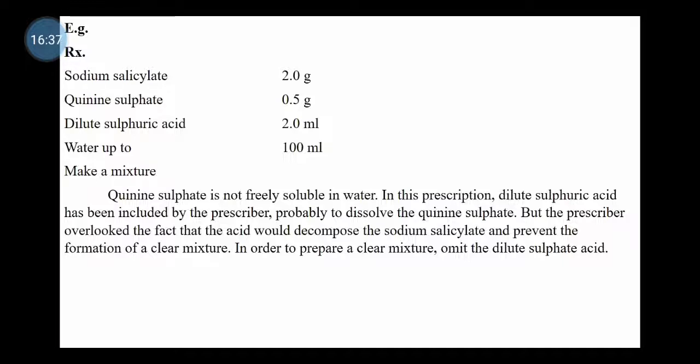Quinine sulfate is used as an anti-malarial drug. Dilute sulfuric acid is used to increase the solubility of quinine sulfate, and water as vehicle is used in the preparation. So here we will dispense a mixture.